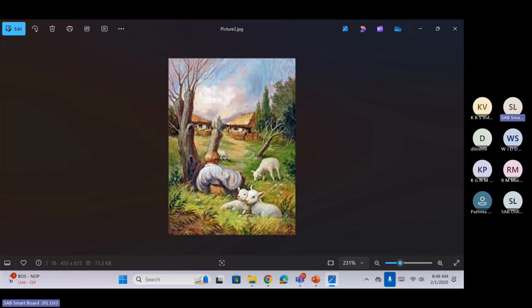Any idea about the nature of the face? You saw the mustache. What else can we see?